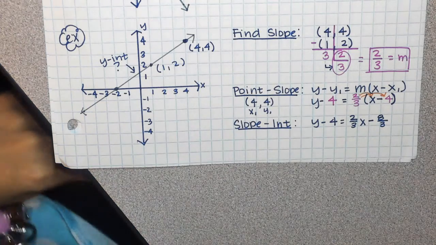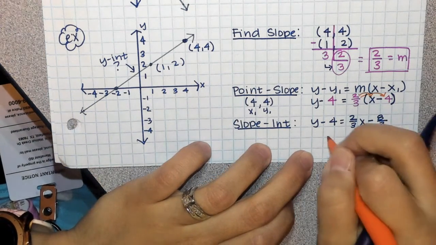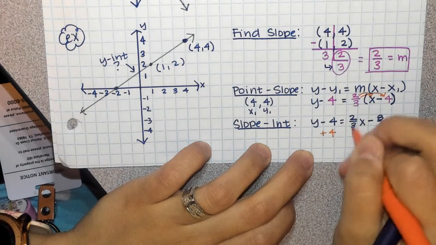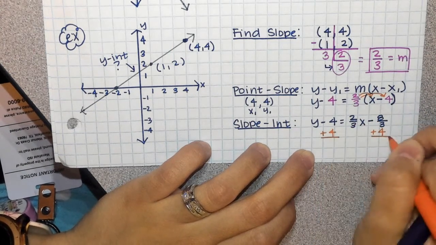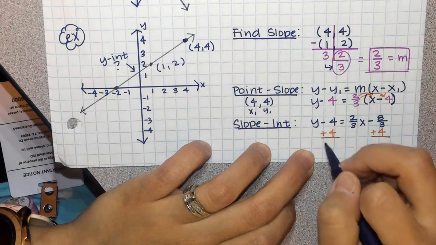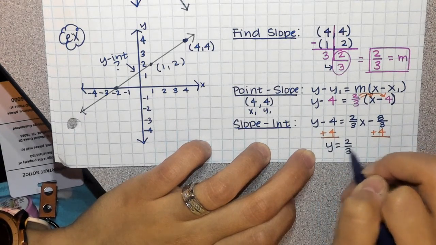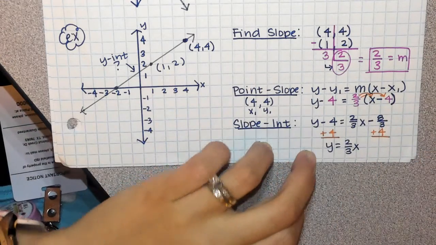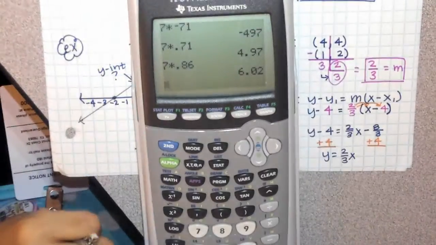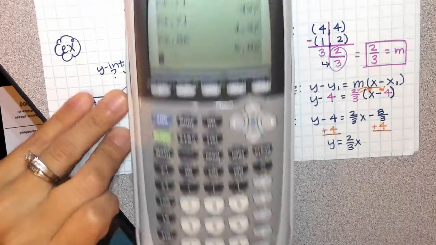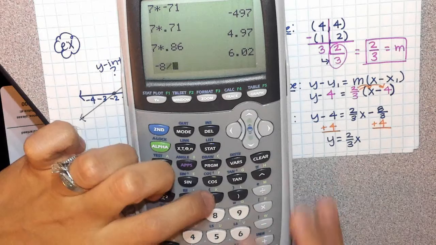Okay. Then I'm going to add 4 to both sides, and I add it to only the constant. So that's gone, so we have y equals 2/3 x. Then I can just put this into my calculator. Negative, which is down here, 8/3.